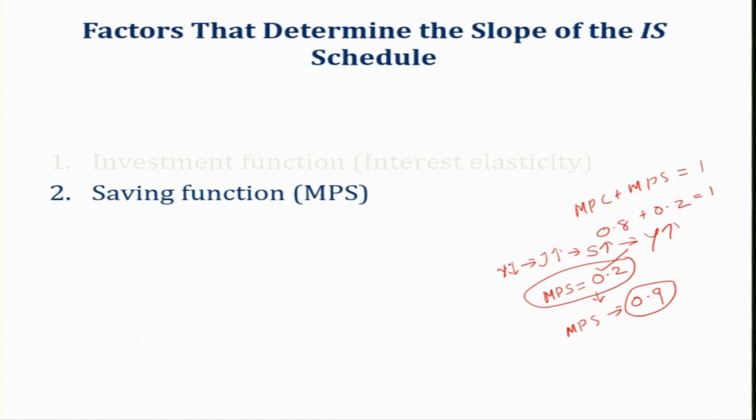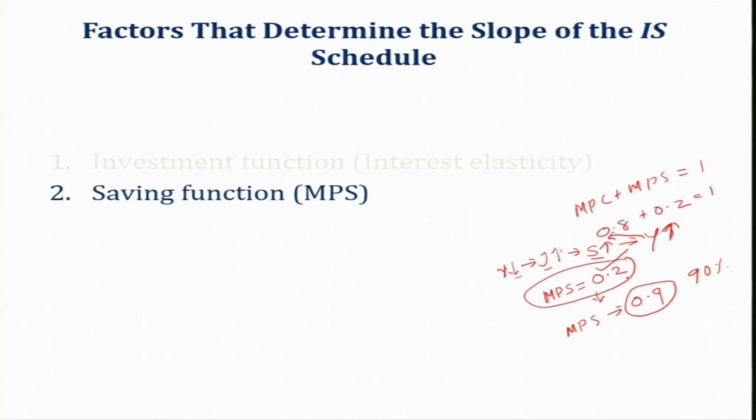In this case we have the same storyline: the rate of interest decreases, investment increases, saving increases, but since the marginal propensity to save is 0.9, that is 90% of the income will be saved, only a small increase in income is required to generate the necessary level of savings.